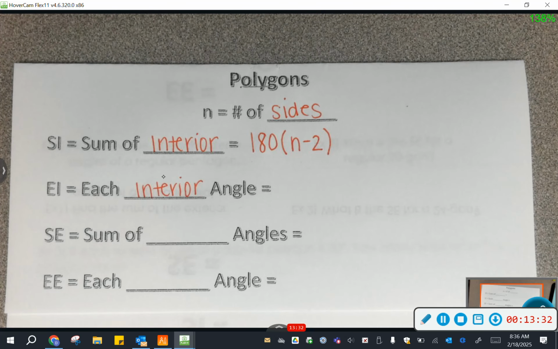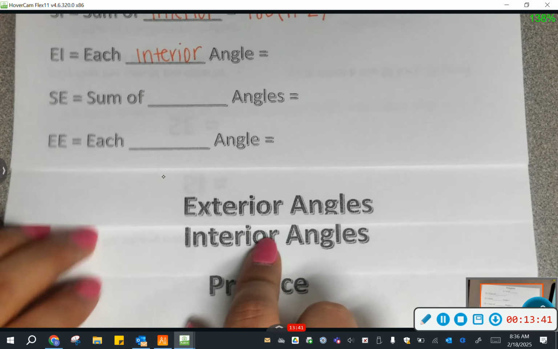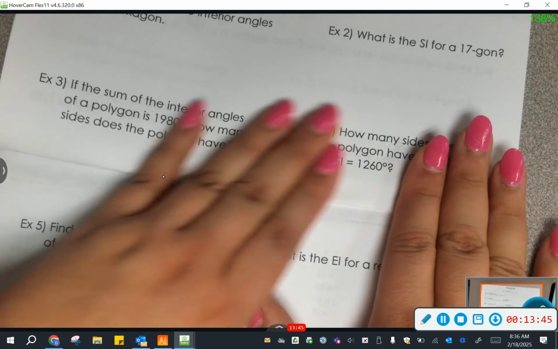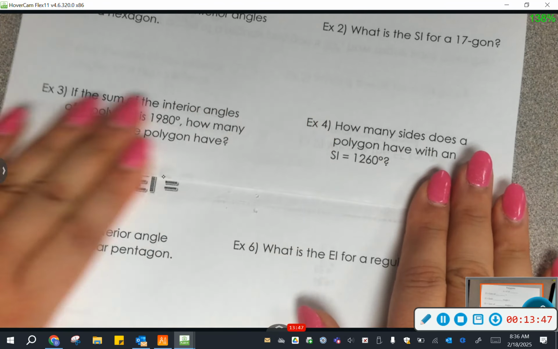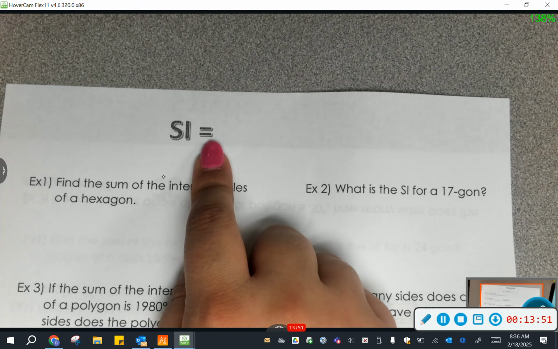Now, I need you to be careful because you might mess this up. When you open up these notes, I need you to go 2 flaps. We are going to go to the interior flap and open it up. Please look at the person next to you and make sure that they at the top have SI.